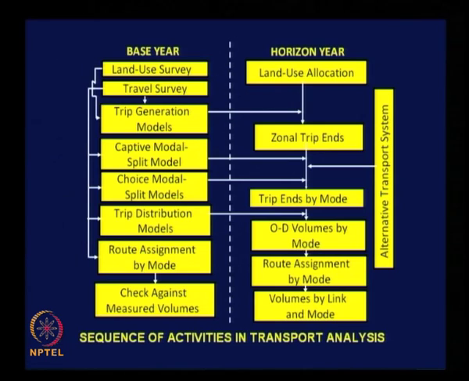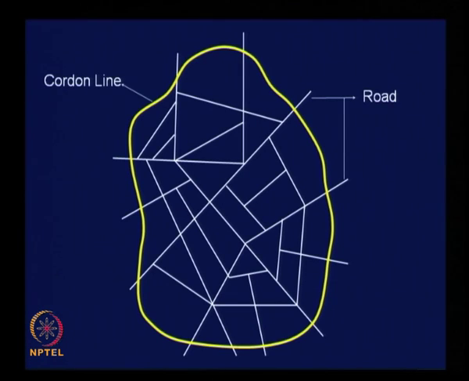Clear. And let us say after assigning the traffic in the road network, the white lines indicate the road network and the yellow line is the cordon line. So, after assigning the traffic, you will get some indication about the traffic volume level in each of the links of the whole network, isn't it.